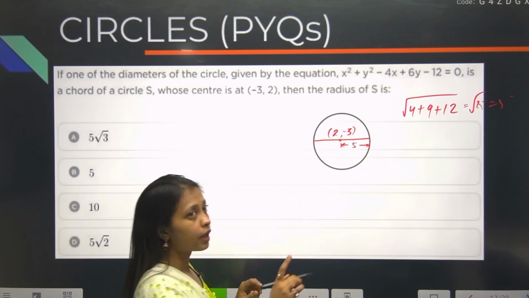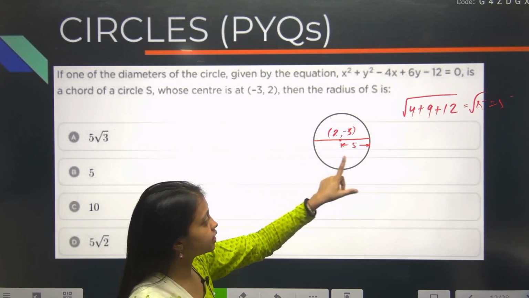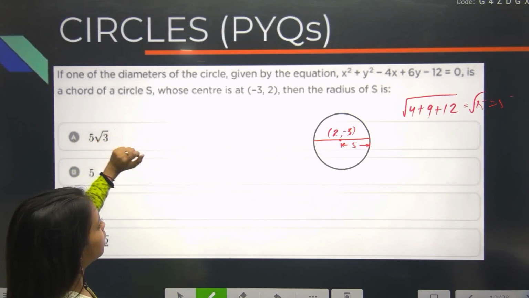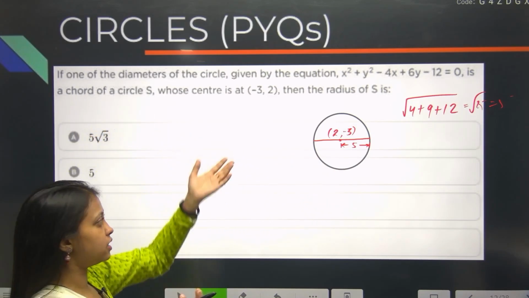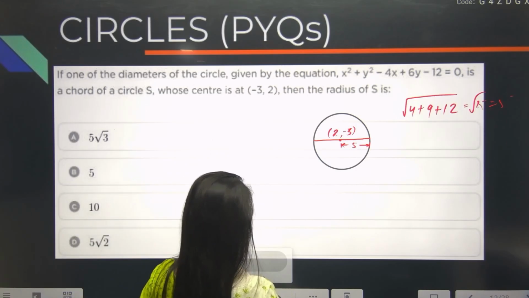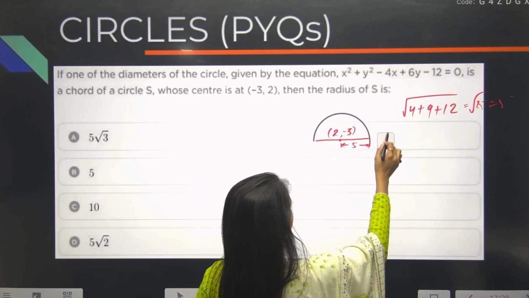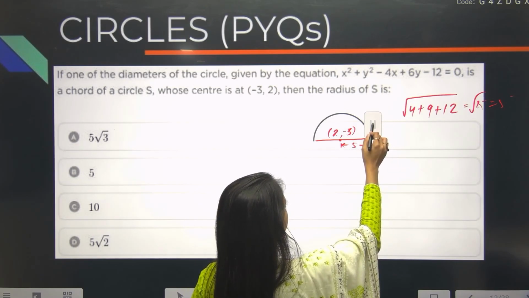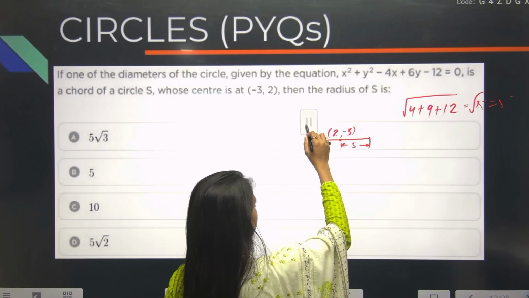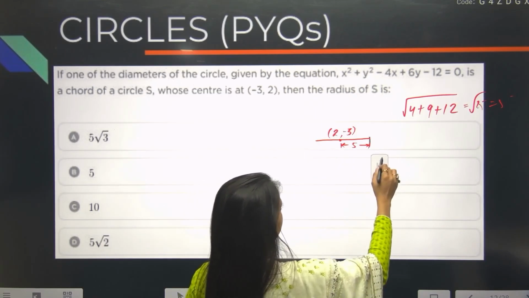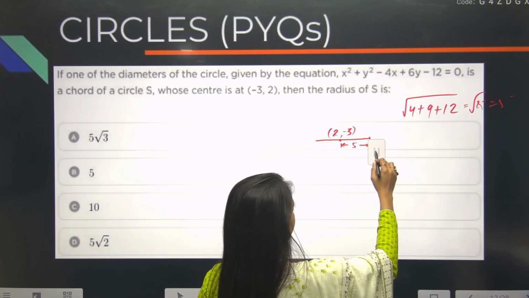Now listen, they are saying that this diameter is a chord of a circle S. Why don't we just remove this circle and introduce another circle whose chord is this AB?